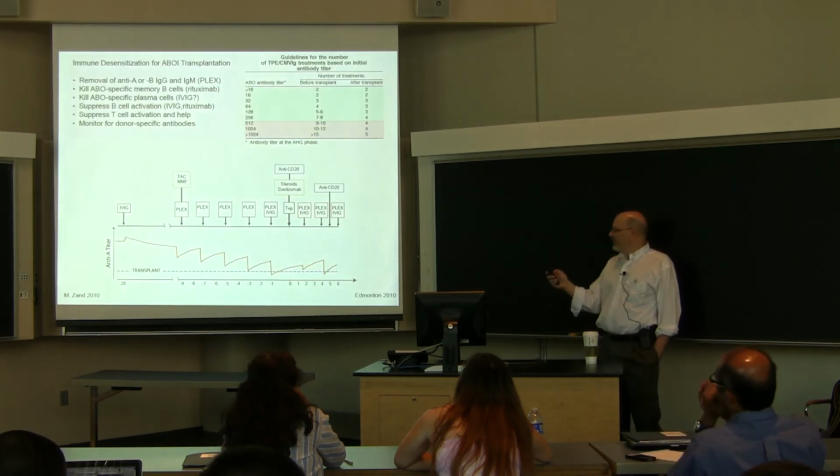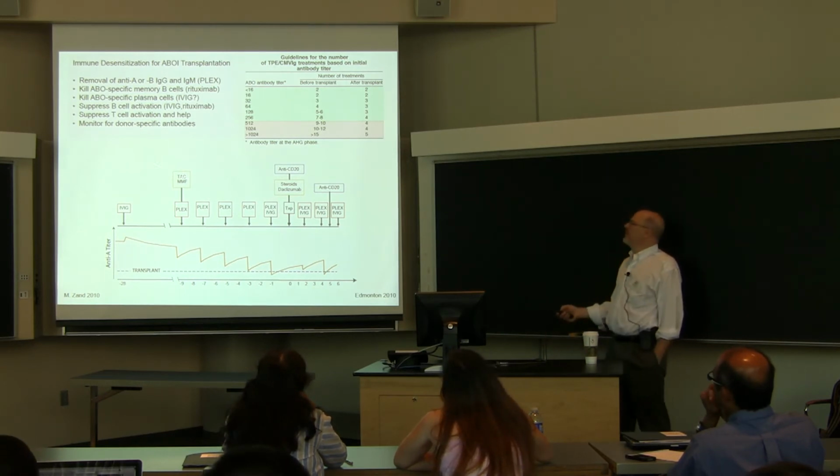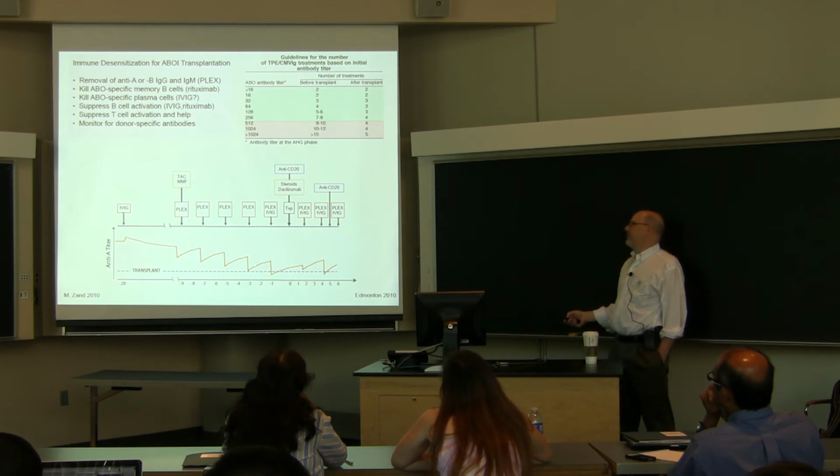So, when we do one of these ABO incompatible transplants, we use a variety of manipulations that alter those antibodies. So we do something called plasma exchange, where we filter the blood and take out blood proteins, including those antibodies. But, and this is an antibody titer, those get resynthesized.